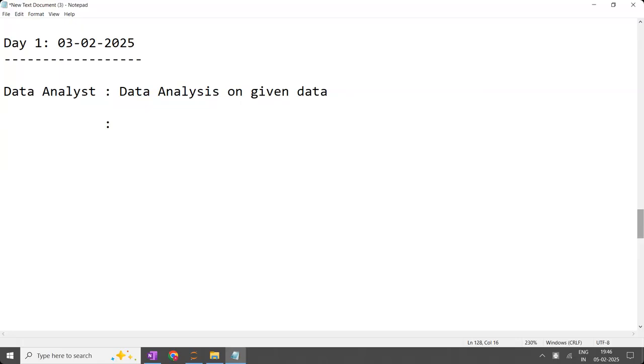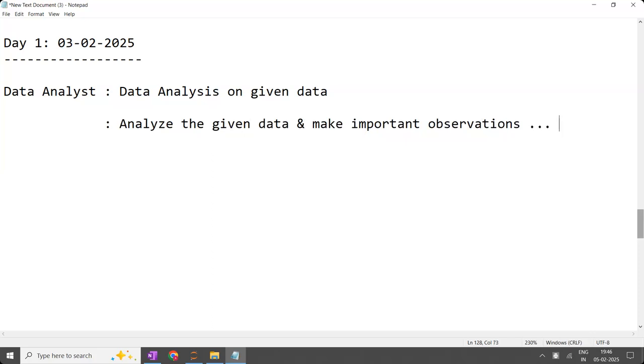He is going to present it, and finally they are going to improve the business. That is the work of a data analyst.